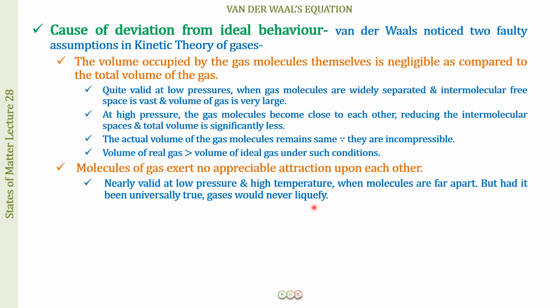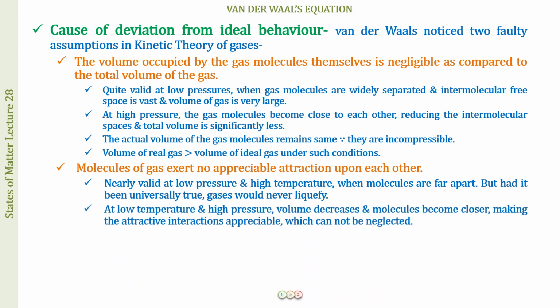So a gas liquefying shows that there were some attractive forces which became dominant at certain temperature and pressure conditions. At low temperature and high pressure, the volume decreases and the molecules come closer, making the attractive forces appreciable, and at this time we cannot neglect those attractive forces.